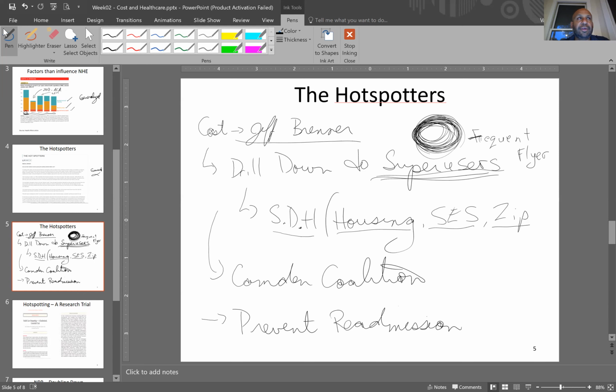If heat is going to be turned off, could a prescription of heat be applied through an electrical or hydro company, and thus perhaps impacting one's arthritis or whatever the diagnosis is? The goal here was certainly to prevent readmission, but looking at a very different overall perspective.